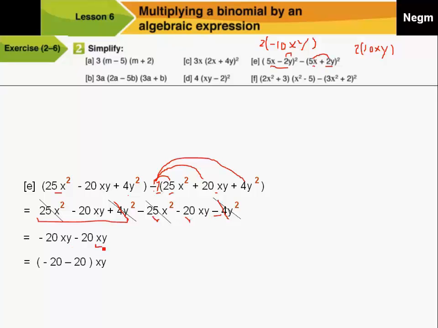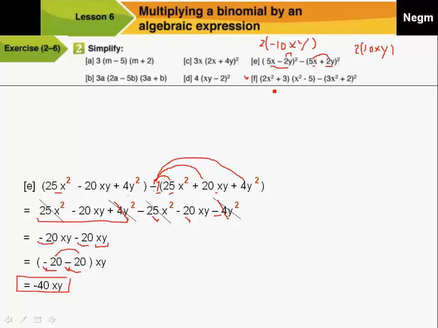If we take, as we did before, xy outside the two brackets, we will have minus 20 minus 20. These two numbers have the same sign, so we have to add them and take the minus sign. This will equal minus 40xy, and this is the solution.